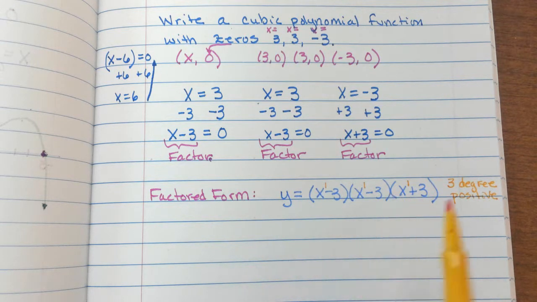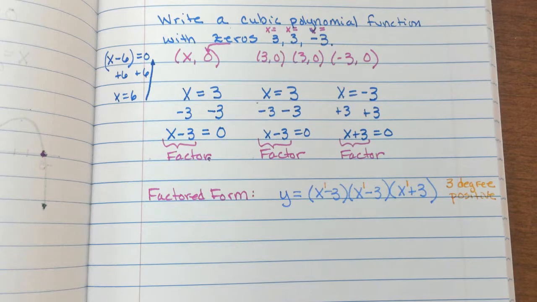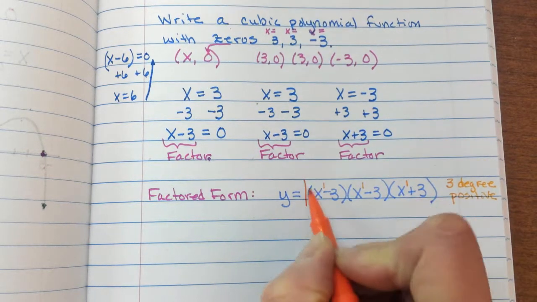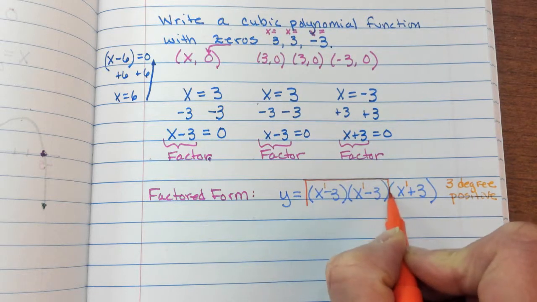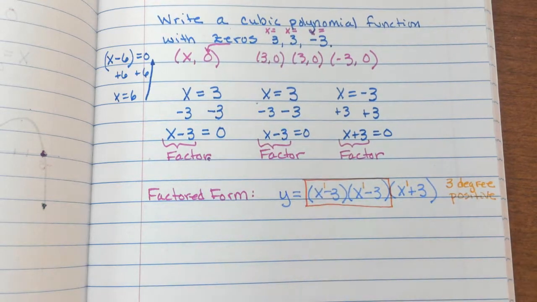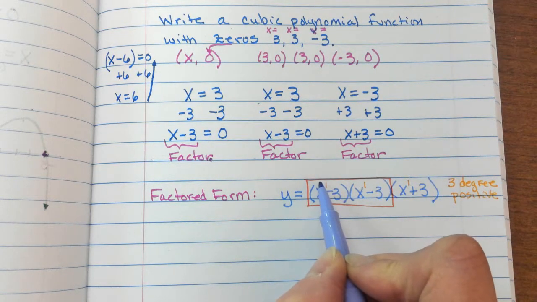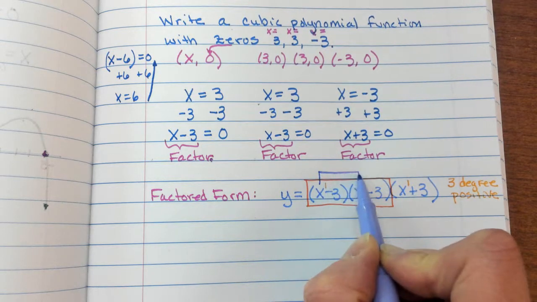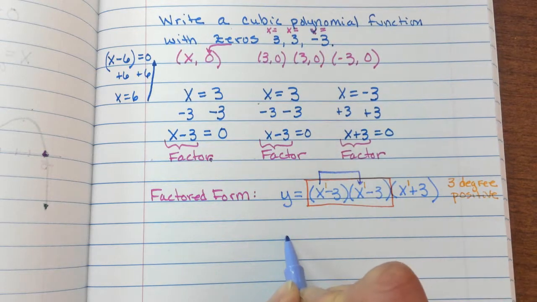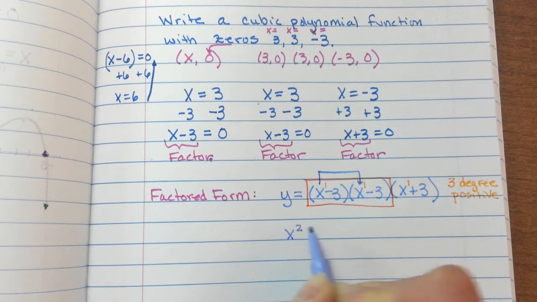We can only multiply two numbers together at a time, which means I'm first going to multiply those two factors first. We're going to do this by distribution the first time through. So I'm going to do x times x, which gives me x squared.